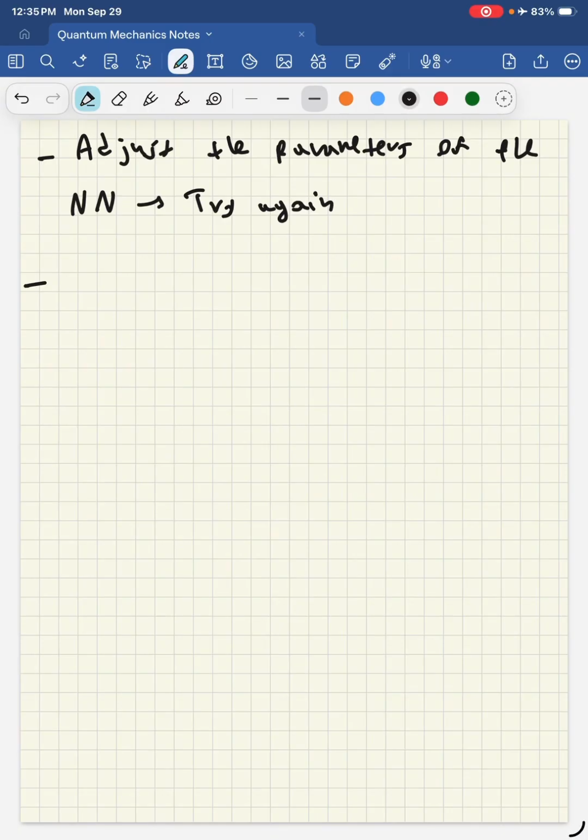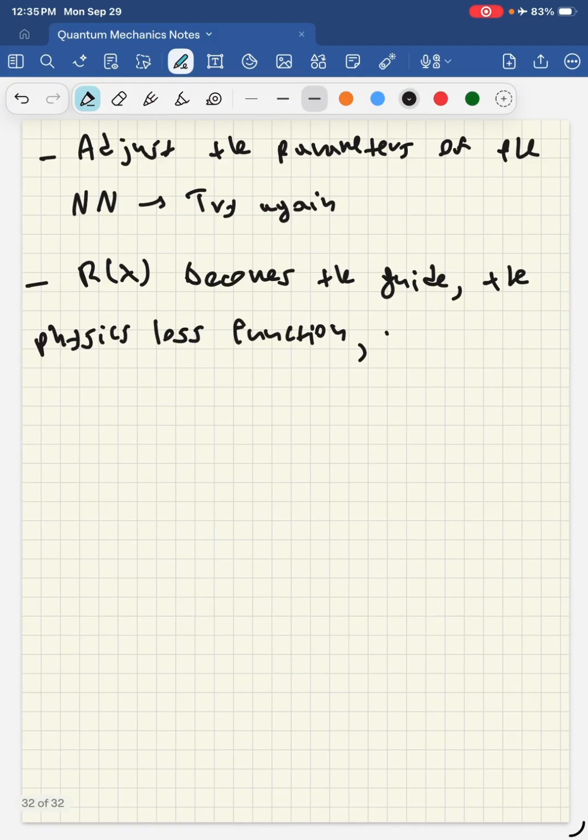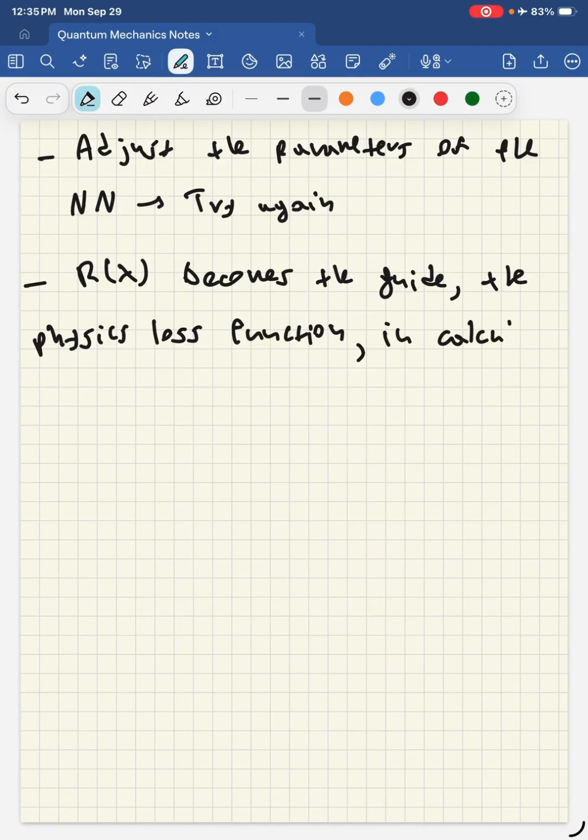So r of x becomes the guide, or in machine learning lingo, the physics loss function. So it becomes the guide or the physics loss function in calculating y.